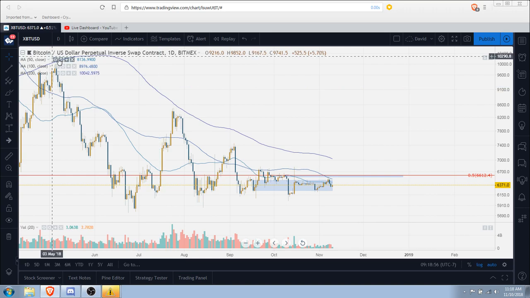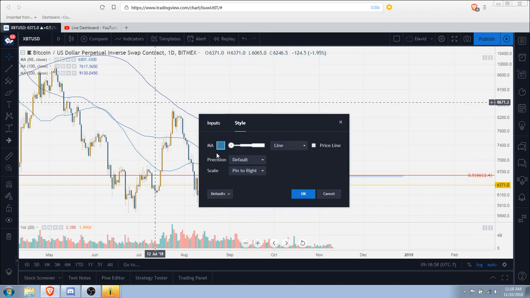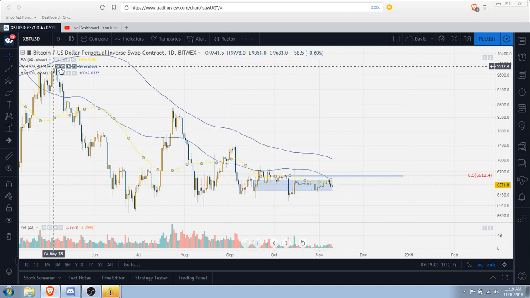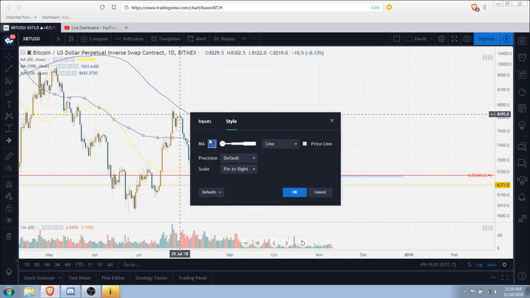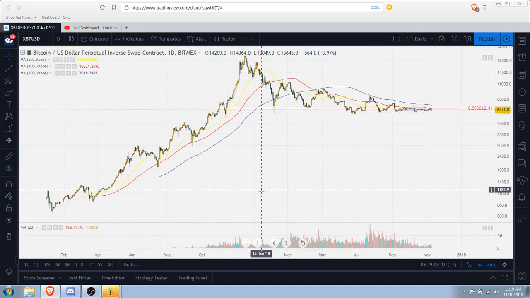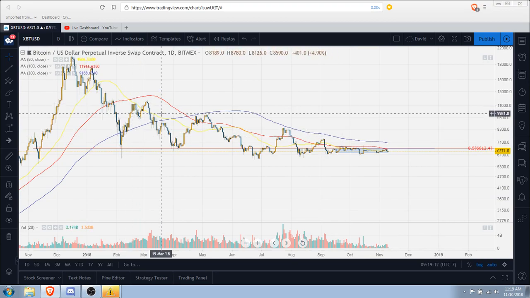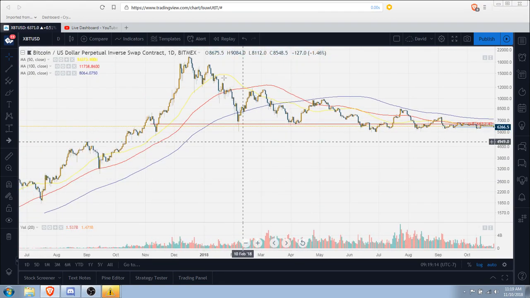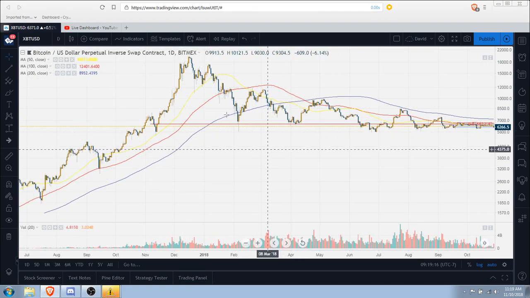So again, I'm going to change the colors of these so you can see what we're talking about. So our 50 period is going to be yellow. Our 100 period is going to be red, and our 200 period will be blue. So as you can see, there's some significant gaps between these moving averages.